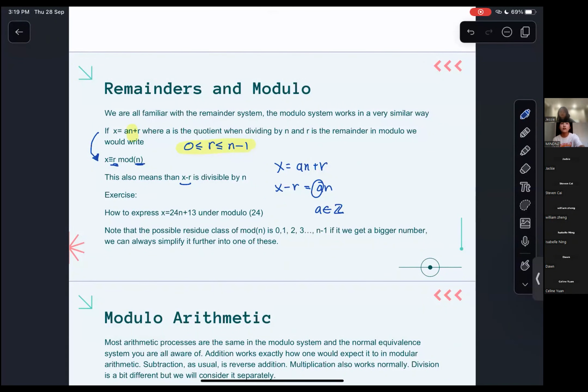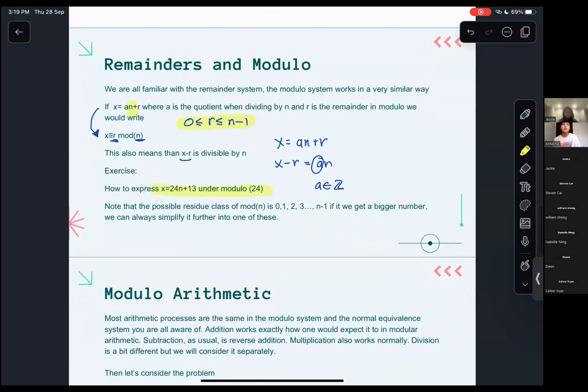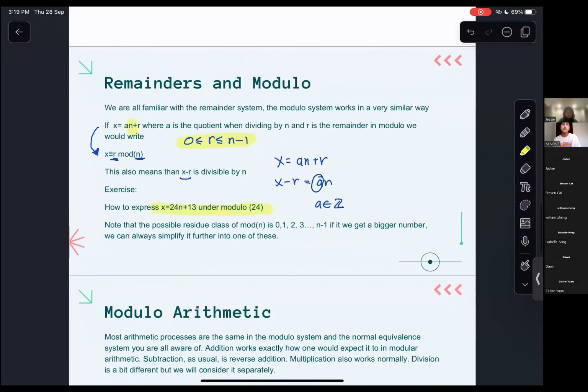Okay, then what about if we wanted to express this below under modulo 24? I'll give everyone about a minute to do this, and if anyone wants to share what they think, it would be really cool if you shared how you did it.